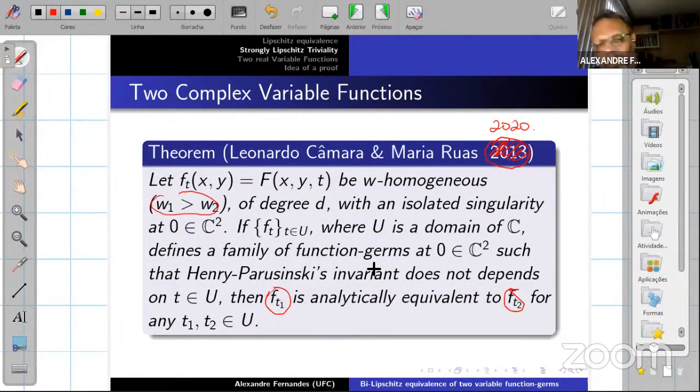They are close to getting such a result. This is what we have in the complex case so far. As far as I know, maybe this is the best result, two variable complex case.